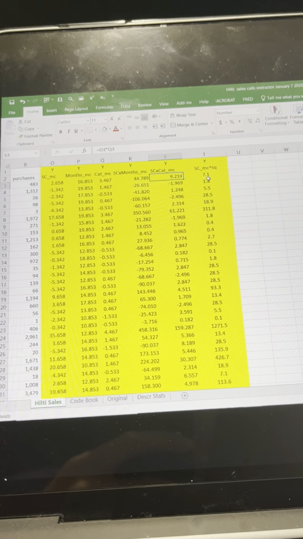Well, then what does this formula up here say? I'm going to substitute for the sales calls 5 above average. So wouldn't I get 38 times 5, plus 0.155 times 5 squared?